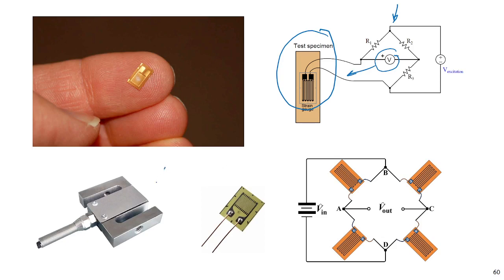When using it in industrial settings, we put this gauge in something like this. Or we can have 4 strain gauges connected in a bridge circuit.